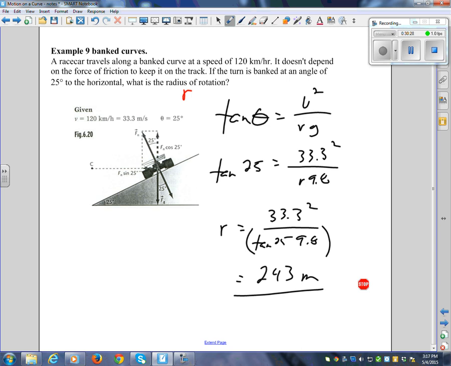Yeah, Jason. Anyways, so F sine theta, is that still your friction force? No. No. V squared over r. No, because F sine theta, well, it equals Fc, right? Yes, F sine theta is the friction force, even when it's a banked curve, it's still the same thing?